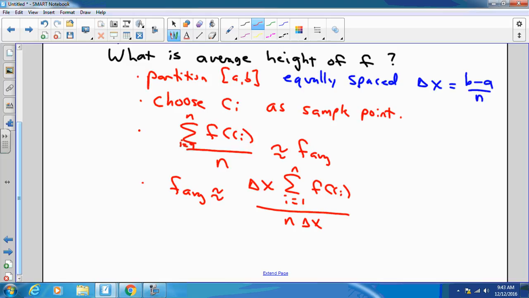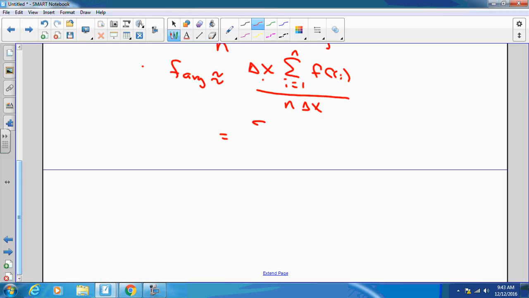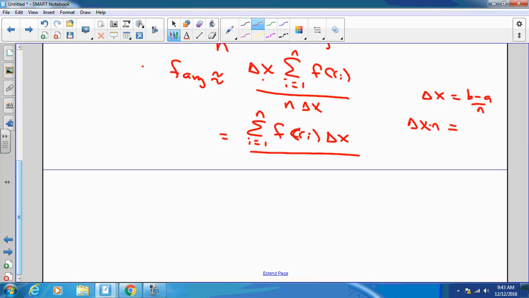Now, you can see the virtue of this because using my distributive property, since delta x is a constant value, I can distribute the delta x over my entire sum. And as an added bonus, since delta x is equal to (b minus a) over n, n times delta x is therefore equal to b minus a. That's exactly it.